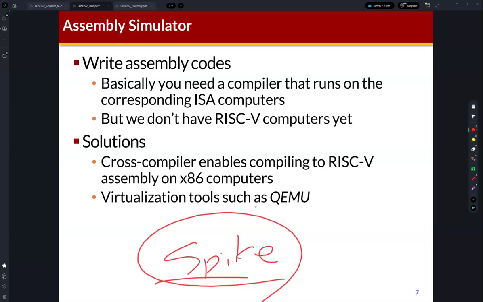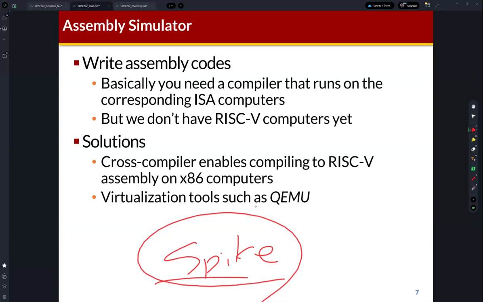Using Spike, we can execute binary files compiled for the RISC-V ISA.